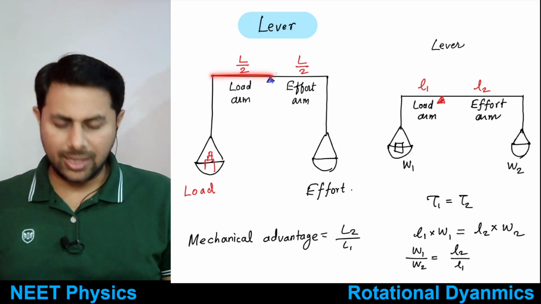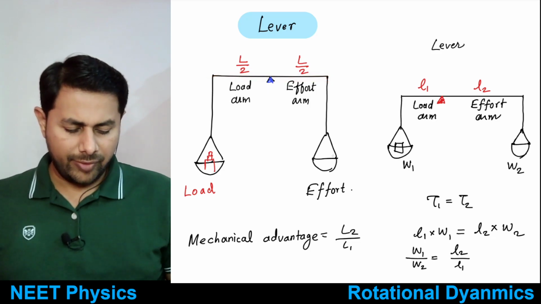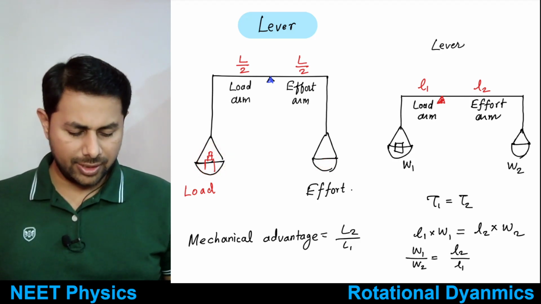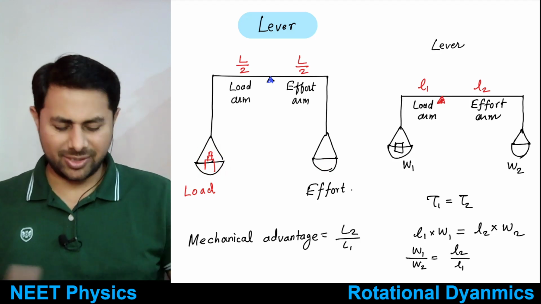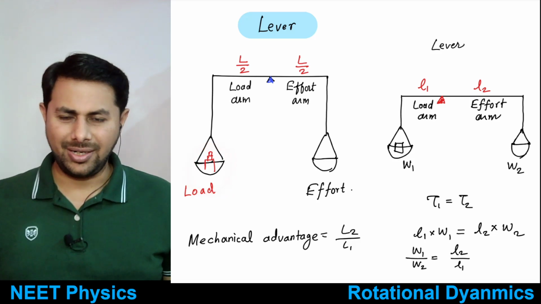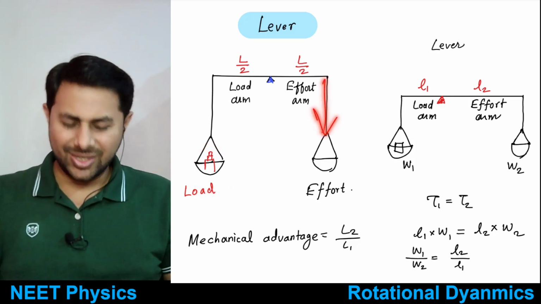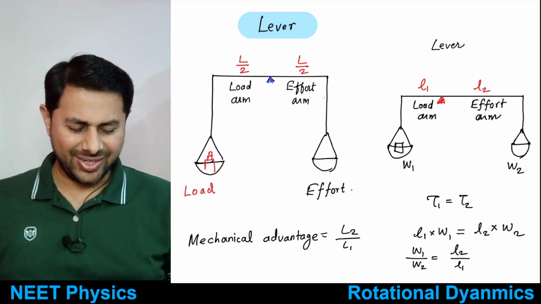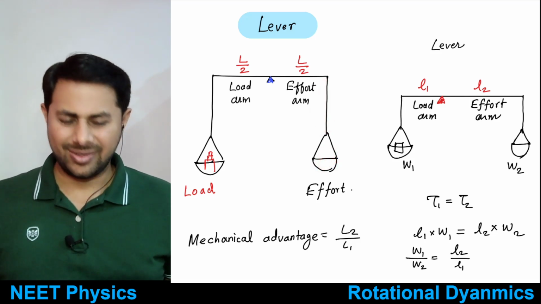The other side, where you put the weights to lift this, is known as the effort arm, because you are putting some effort to lift this one. Either you can pull this downwards so that this part will be lifted, using physical effort, or you put some weights over here.